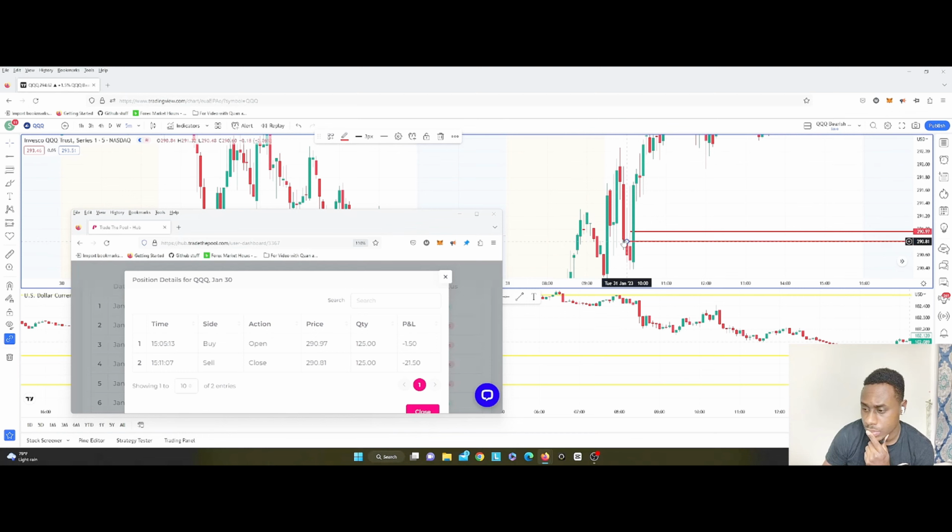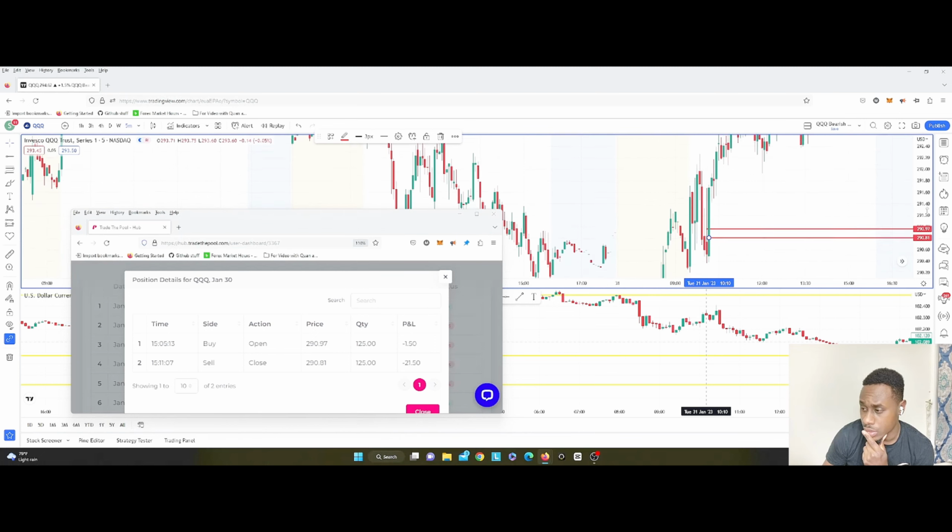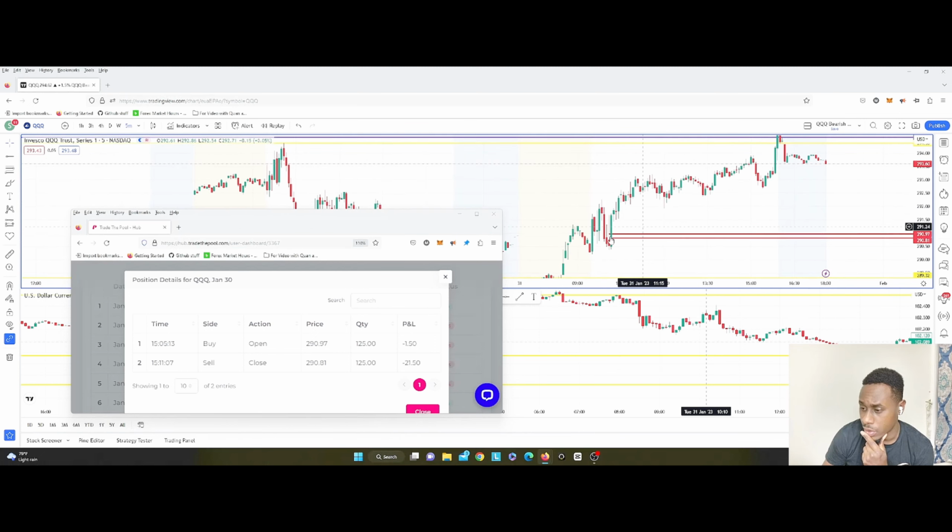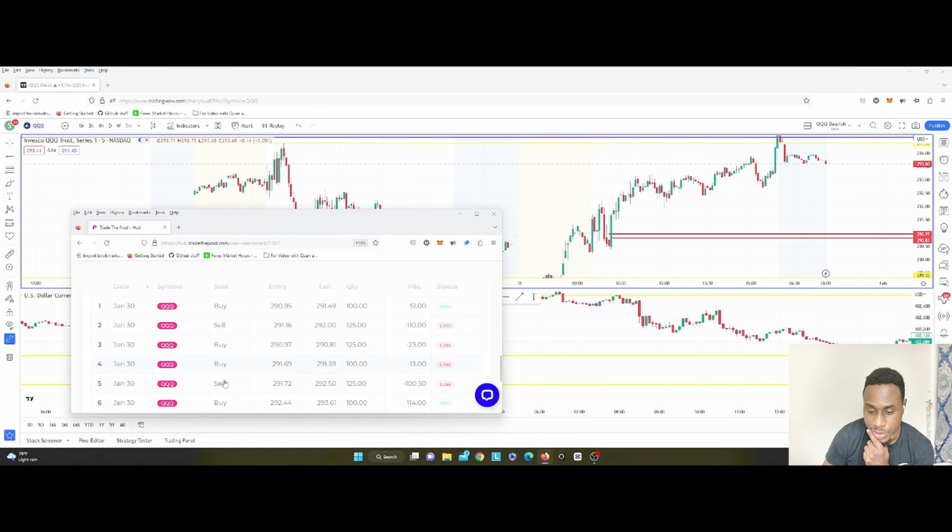So this is where I entered, this is where I exited. And as you can see, I could have held this position a lot longer and still had gains from that.